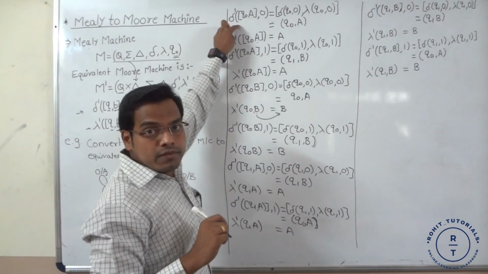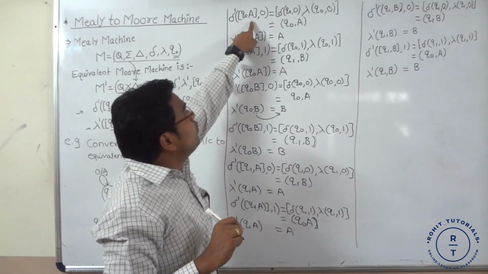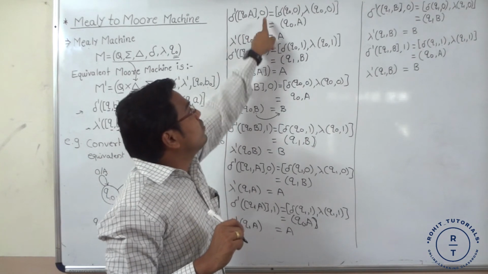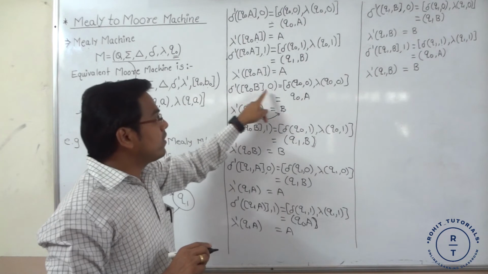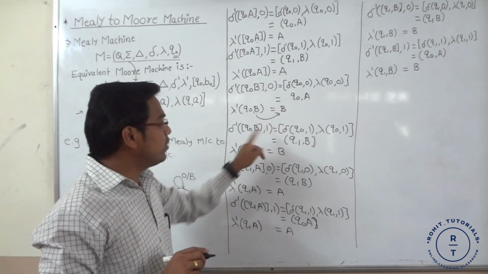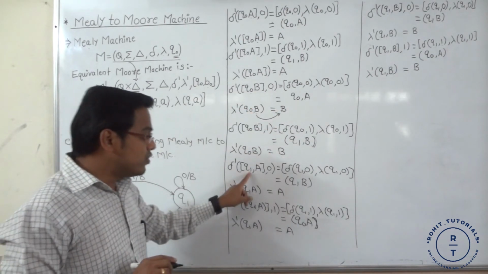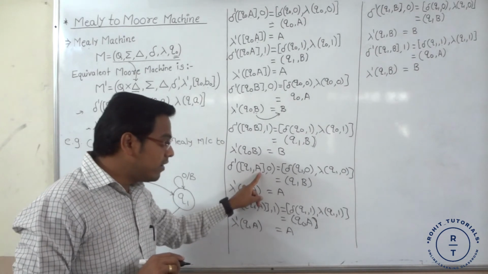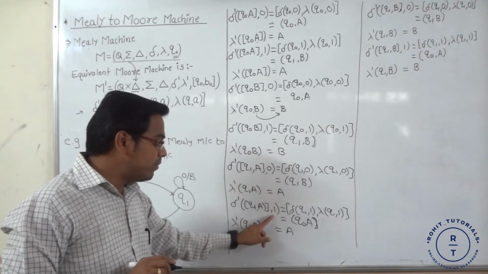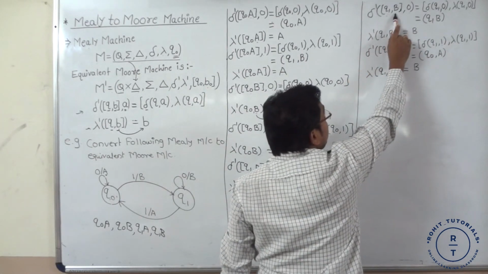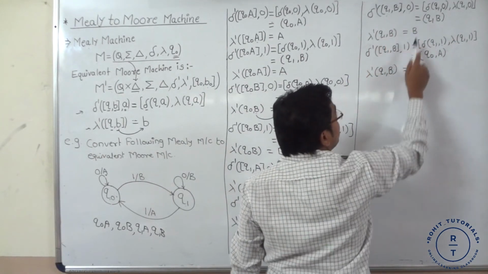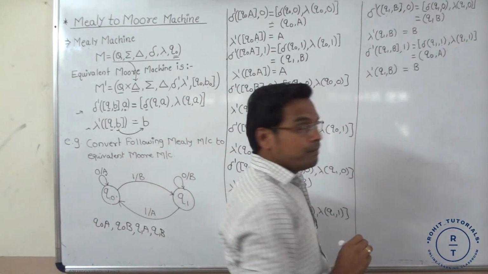So for Q0 state, output is A, for that input 0 and 1 is completed. Q0 state, output is B, for that 0 input and 1 input is completed. Next is Q1 state, output is A, for that 0 input and 1 input completed. And last is for Q1 state, B output, for that 0 input and 1 input completed.